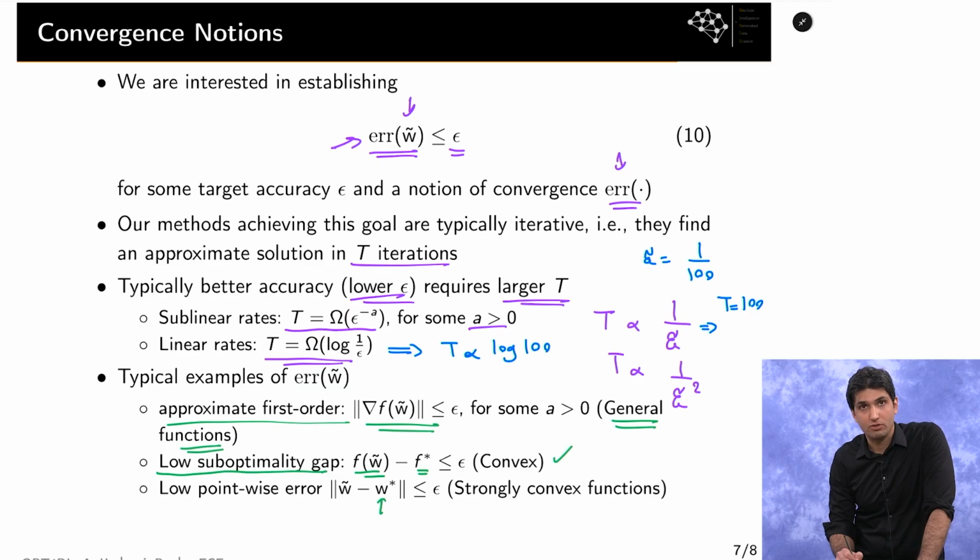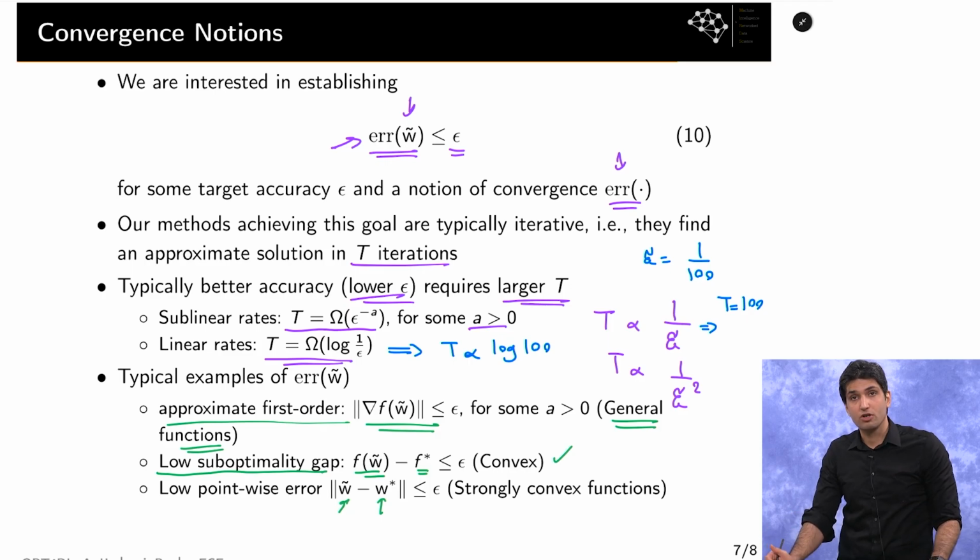And finally, you can talk about pointwise error, where you consider an optimal solution W star. I want to see how close my solution W tilde is to this specific solution W star. Now, in general, the number of global solutions is not one, so we may have an infinite number of them.